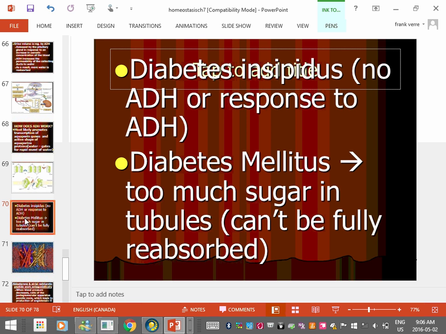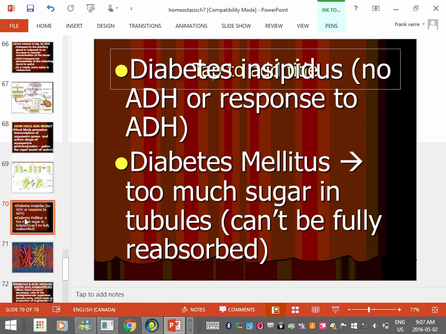Now, it's not like you're going to notice the sugars in your urine, okay? The only way you'll know that is if you go for a test. Like your doctor does a urine test and he tests for sugar. Now, one of the symptoms that you might notice is that you might urinate more frequently.